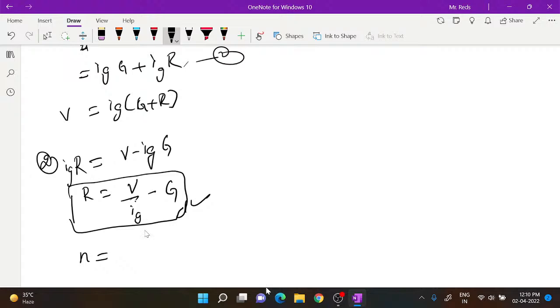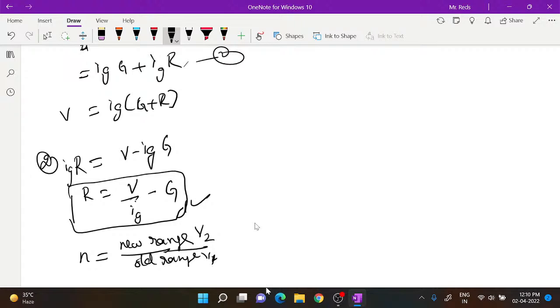We can understand the meaning of new range and old range when doing the numericals. New range voltage by old range voltage, let us say V2 and V1.